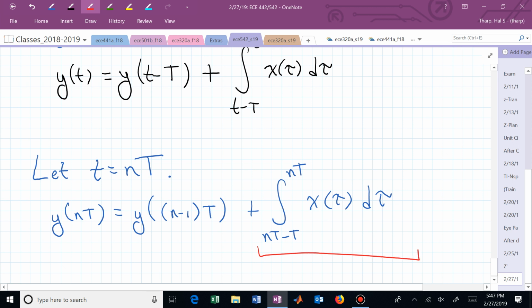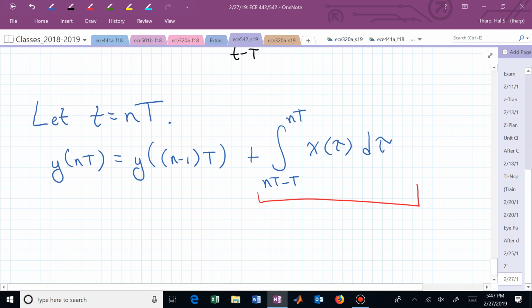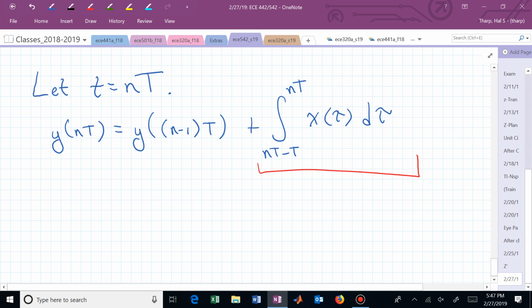And what distinguishes each of these different numerical integration strategies or techniques is related to how we make this approximation of this rightmost integral expression. They're the same up until that point because we're just adding a little bit more to what y was at one sample period before little t to get y at little t or at nT.